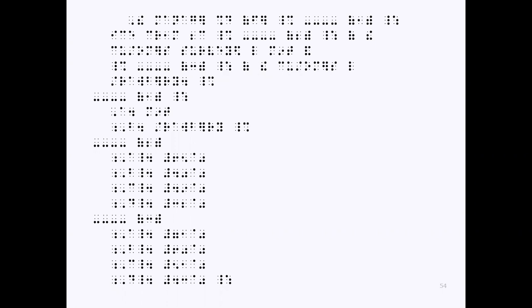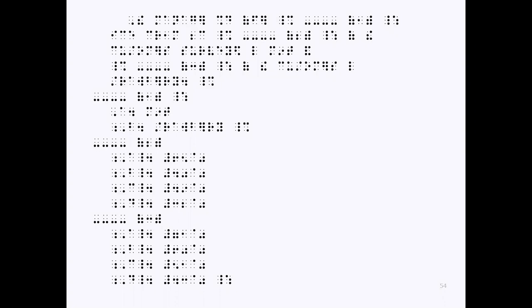If a test is ordered in UEB technical, there will be no Nemeth in it. The math test will be straight UEB the whole time. Okay, so I guess that's a good distinction to make. So this is more showing you what could be shown if it was a UEB with Nemeth test.